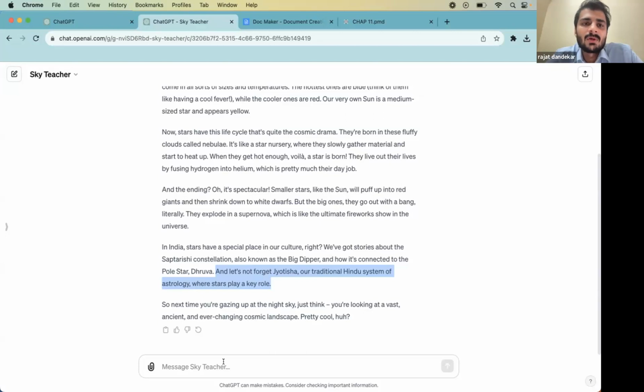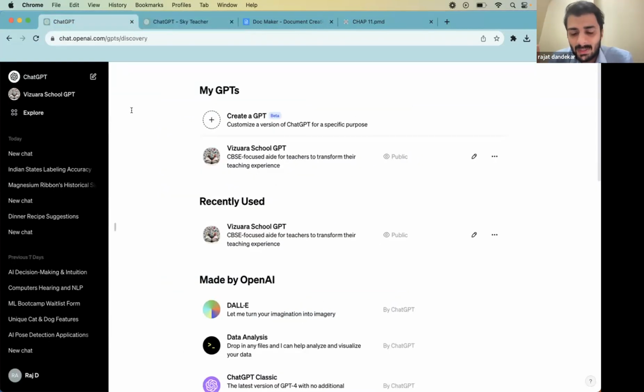It will make your students very interested in whatever you are teaching, and secondly, it will allow the students to learn the topic in a very, very interesting manner. These are the two big advantages of creating your own GPT or your own chatbot using this. So overall in this section, we have learned three things. We have learned firstly to use the plugins.